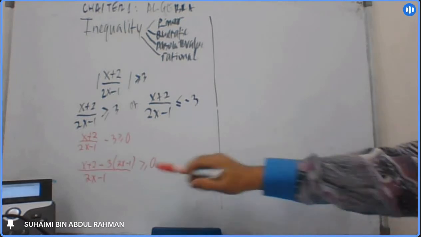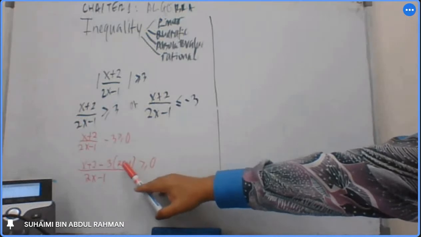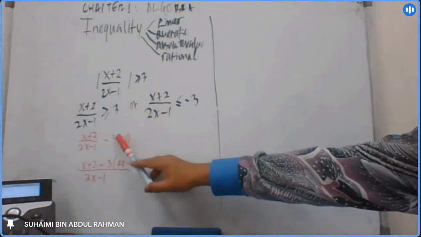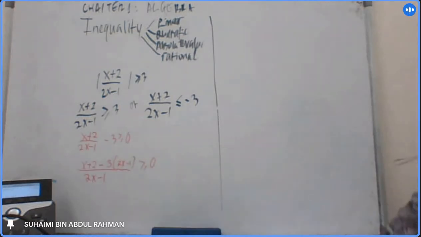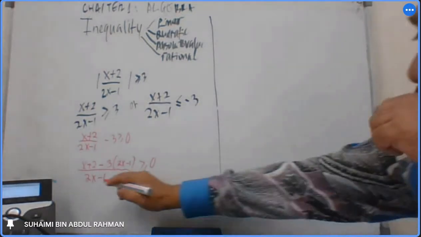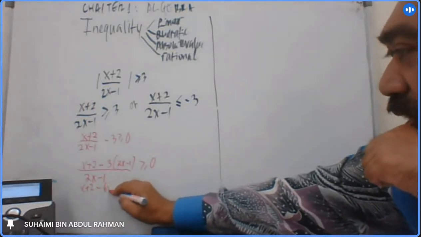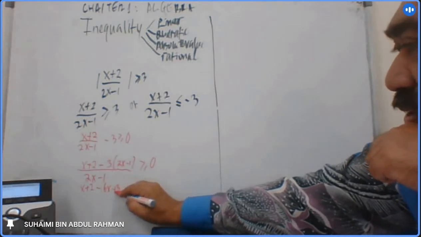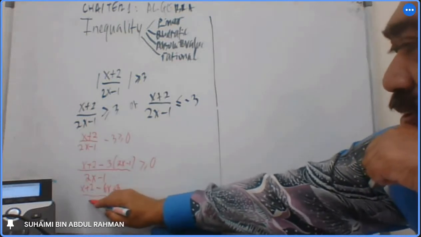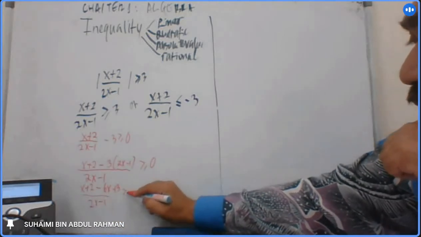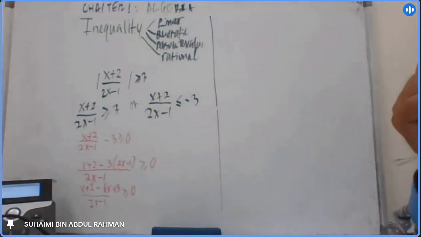Hopefully you noted why we multiply by 2x minus 1: because we multiply both numerator and denominator by 2x minus 1. So what we have here is (x+2-6x+3)/(2x-1) greater than or equal to 0.